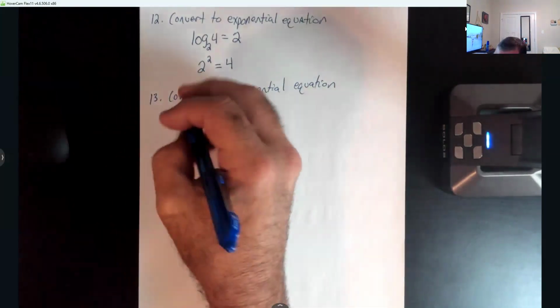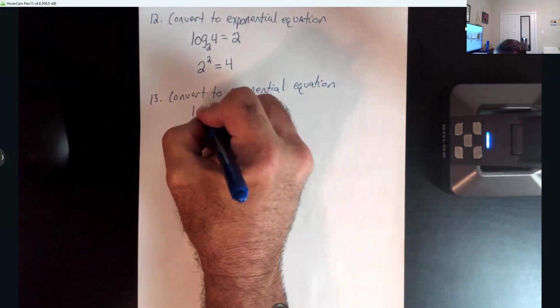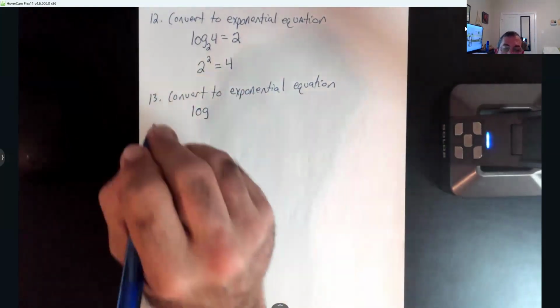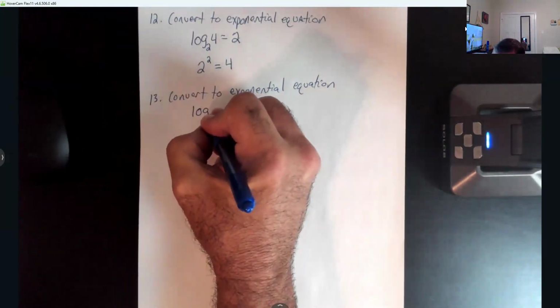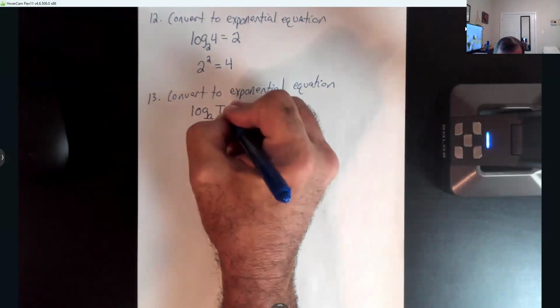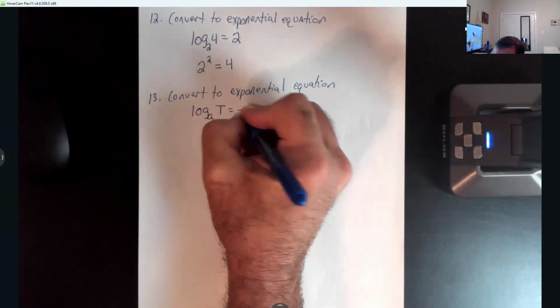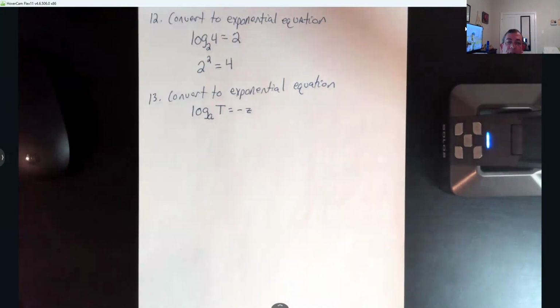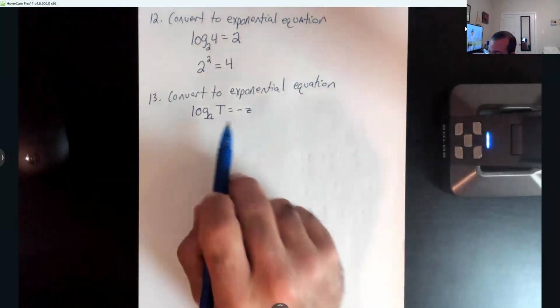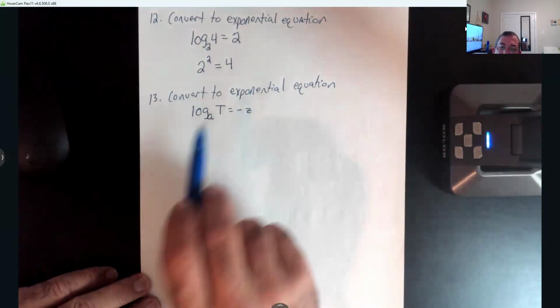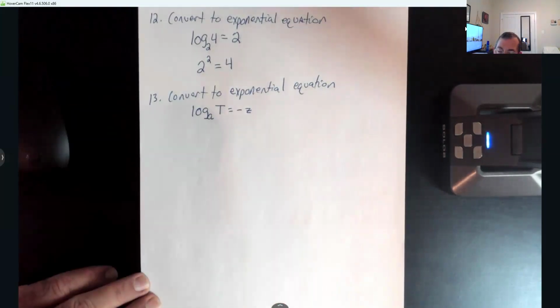And this is all the reason why we had to learn these. All right, y'all, log base A of a capital T equals a negative little z. So capital letters got to be capitalized, lowercase letters, vice versa, okay?